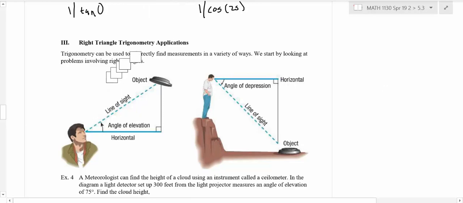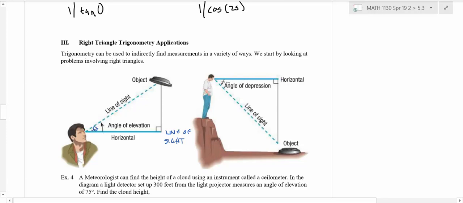So here's kind of the idea. A couple of things is you find measurements. If you're looking up at an object, we call that the angle of elevation. You kind of call this the line of sight. So the angle between your horizontal line of sight and the object you're looking up at is called an angle of elevation. That's the angle right there that we would call theta.